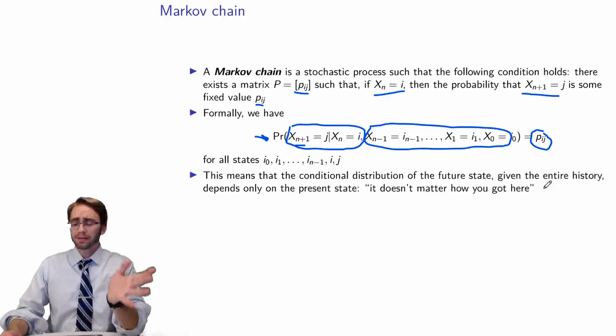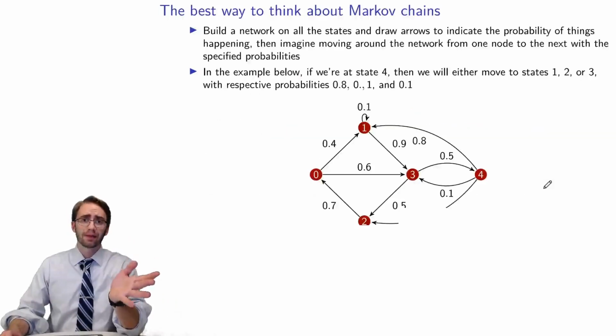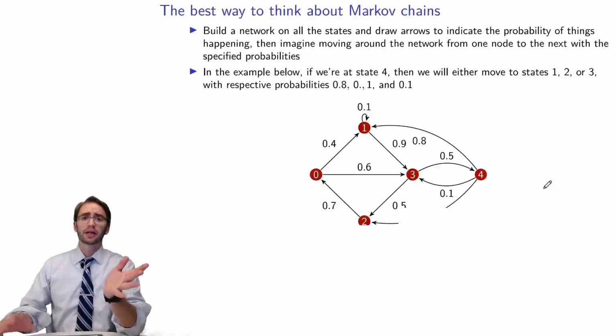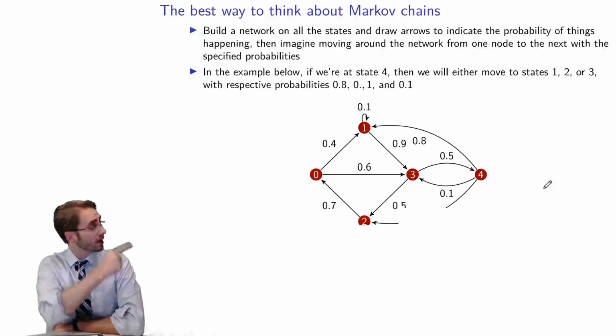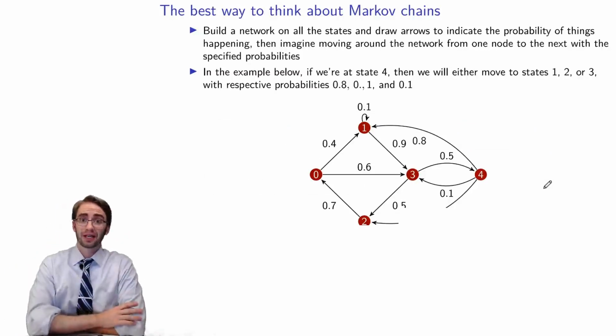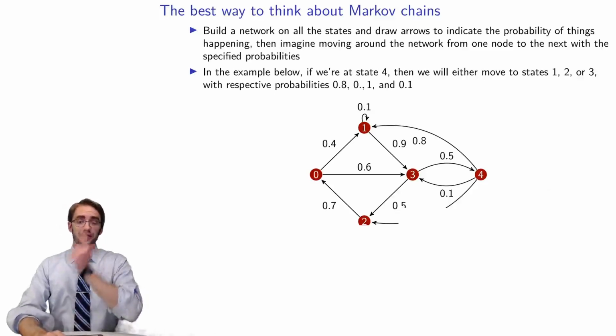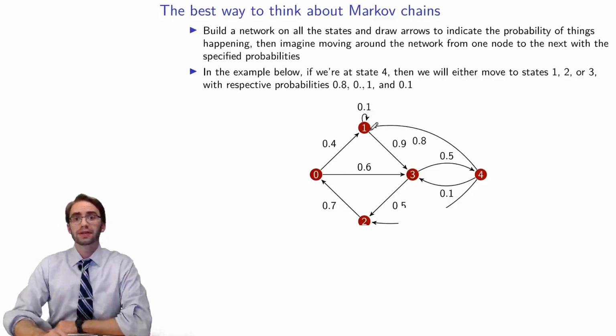Now, one big mistake that I find in a lot of textbooks is that they don't use pictures. In my opinion, the best way to think about Markov chains is this picture right here. You build a network where you take all of your states, and in this example we have 5 states in total, numbered 0 to 4.